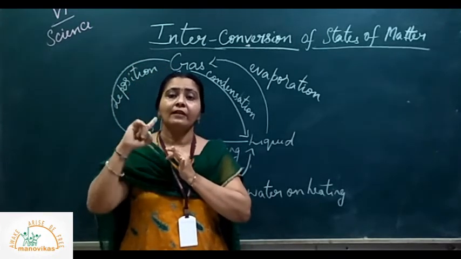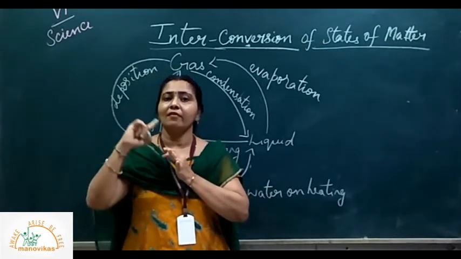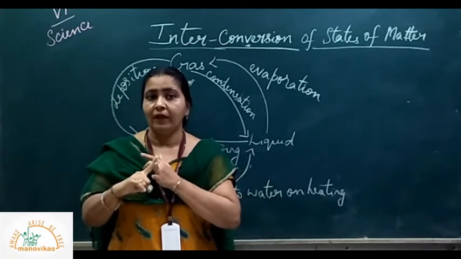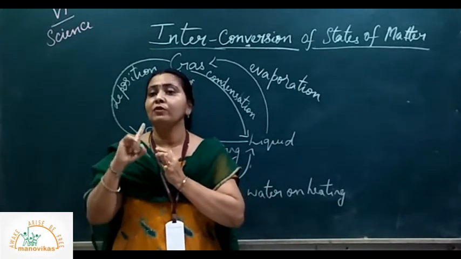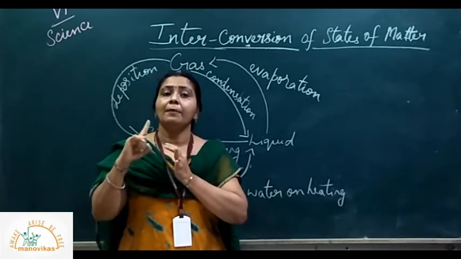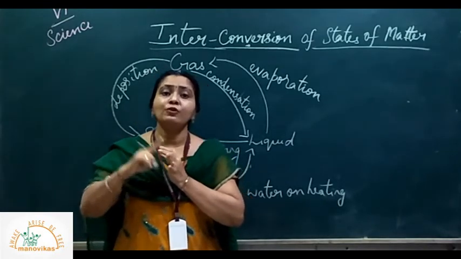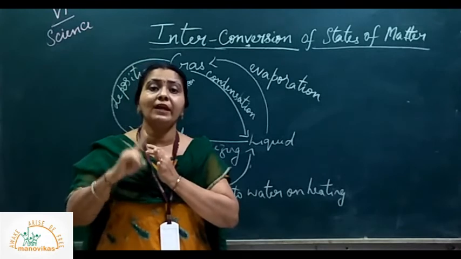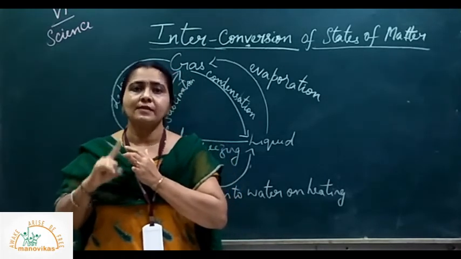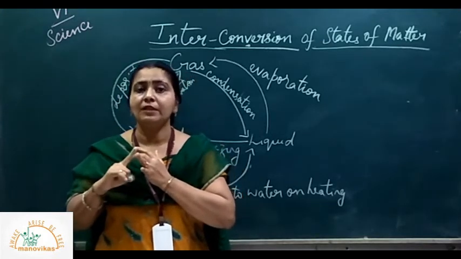Sublimation is the process by which the solid substance gets converted into gaseous form, in the form of vapor, without passing through the liquid state. Whereas in desublimation, the vapor changes into solid without passing through the liquid state. That is also known as deposition.